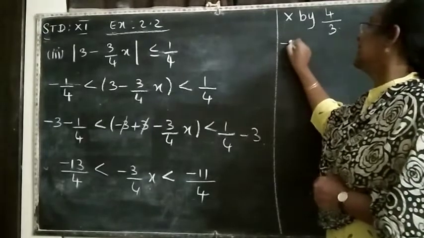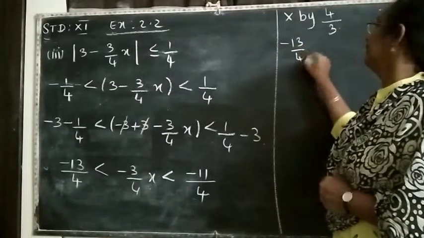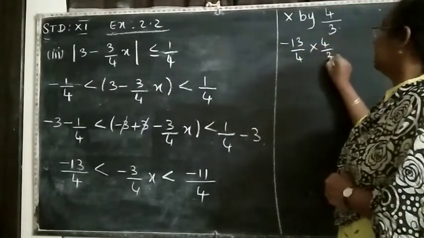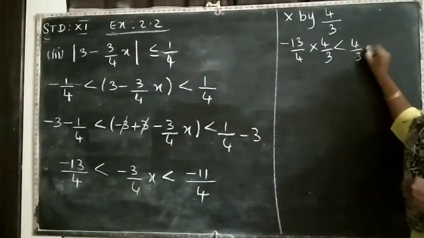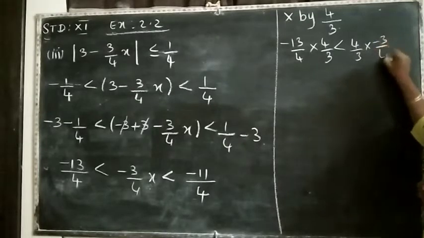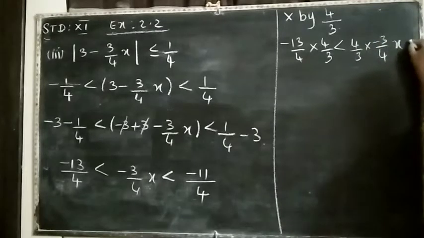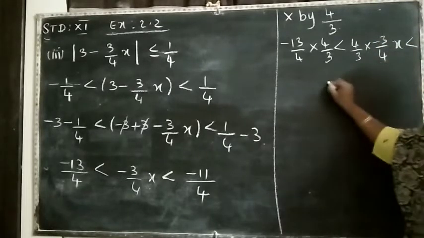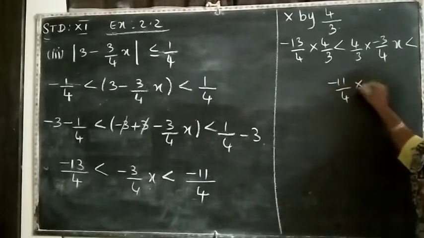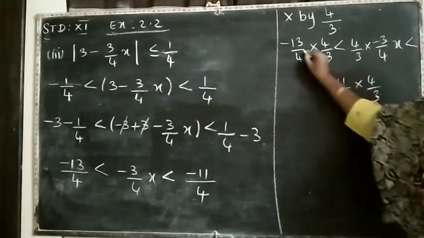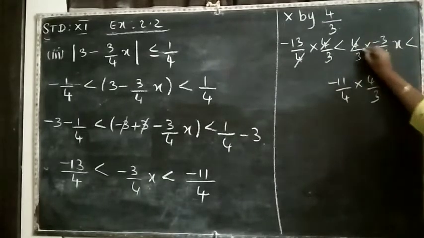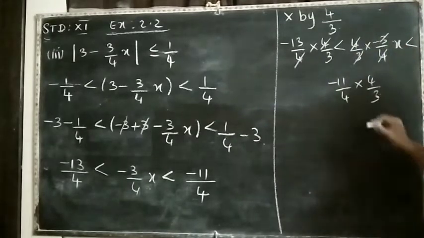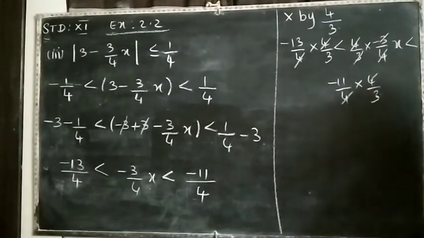So this side: minus 13 by 4 into 4 by 3, less than, 4 divided by 3 into minus 3 by 4, strictly less than, again minus 11 by 4 into 4 by 3. Now look into this. 4 and 4 are getting cancelled here completely. 4 and 4, 3 and minus 3 are getting cancelled. Again 4 and 4 are getting cancelled.